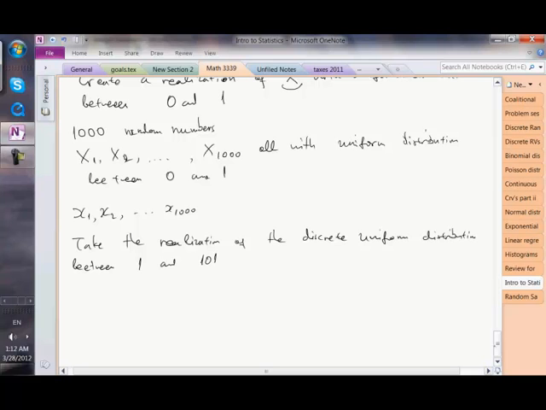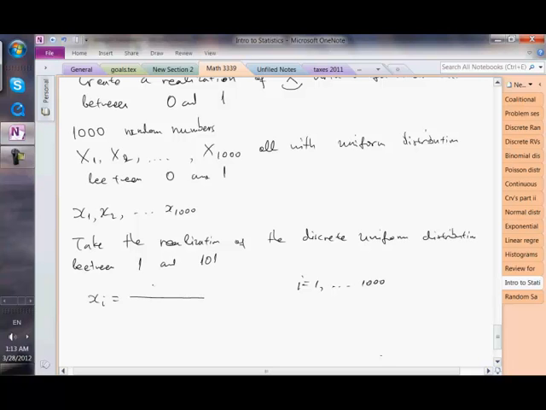So now take your integer numbers, and the numbers that you will create will be the number I, which is between 1 and 101, one of the 1000 numbers that you have created. Actually, I is from 1 to 1000 because you want 1000 numbers.